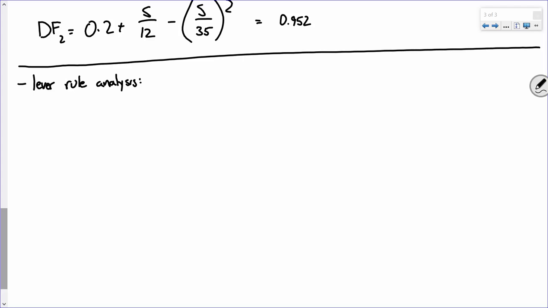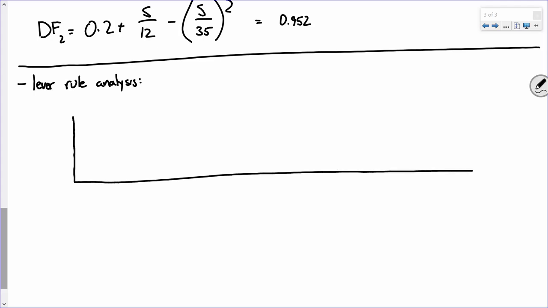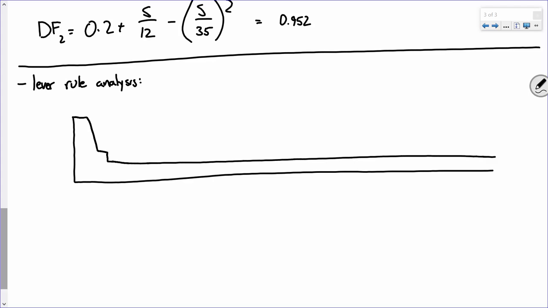I'm going to draw the deck. Something about like that. Okay, let's put some dimensions on here.